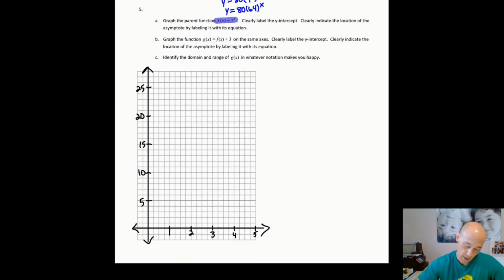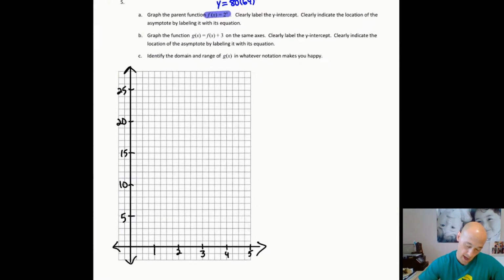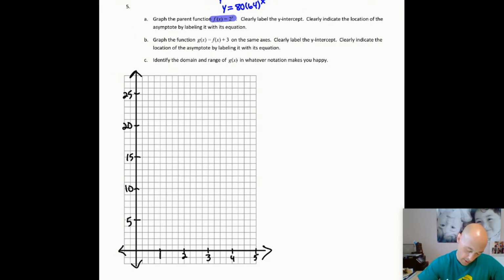So when I put in 0 for x, 2 to the 0 power is 1, so there's 1. And then if I put 1 in for x, 2 to the 1 power is 2.